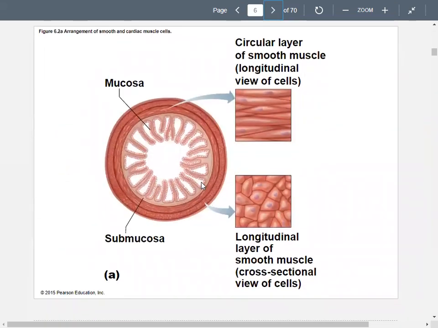Here are some layers of smooth muscle. This is a circular layer, and you can see the spindle fibers. The layer around it is more longitudinal, so you see it in cross section. But it's still all smooth muscle. It's just the way it's cut.